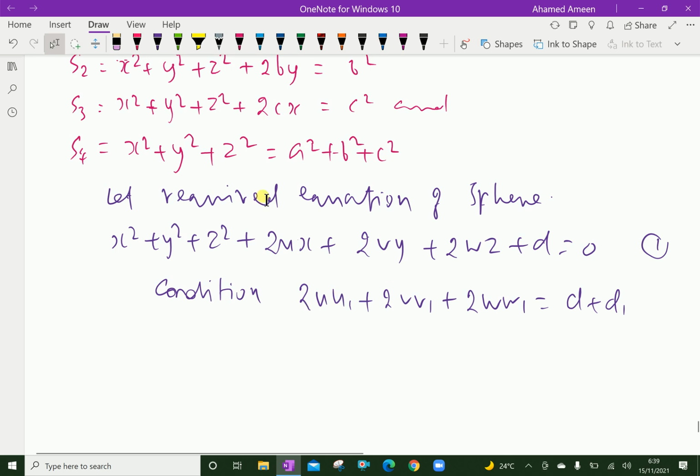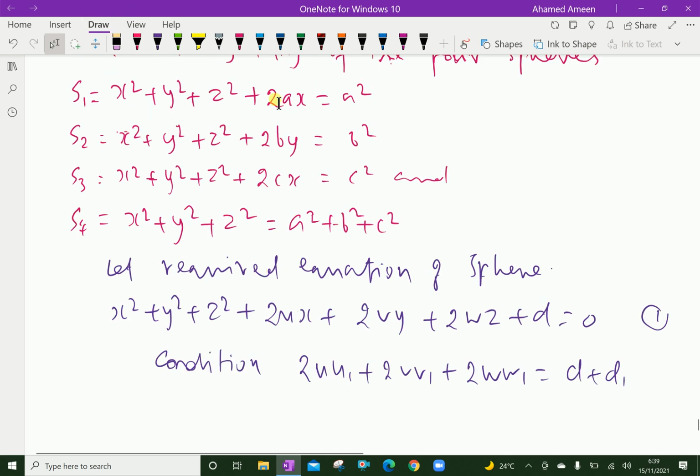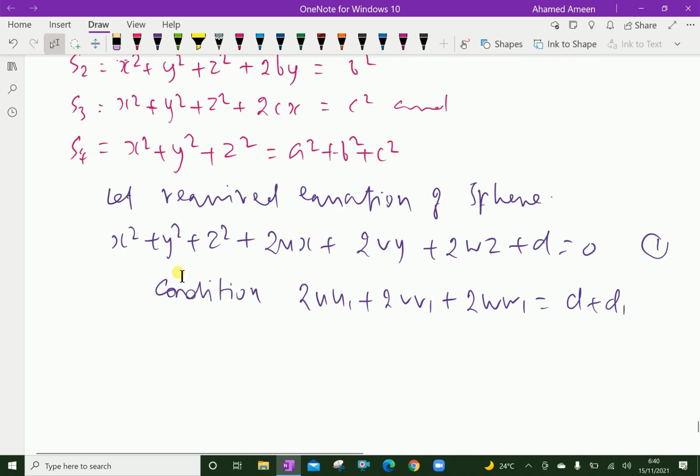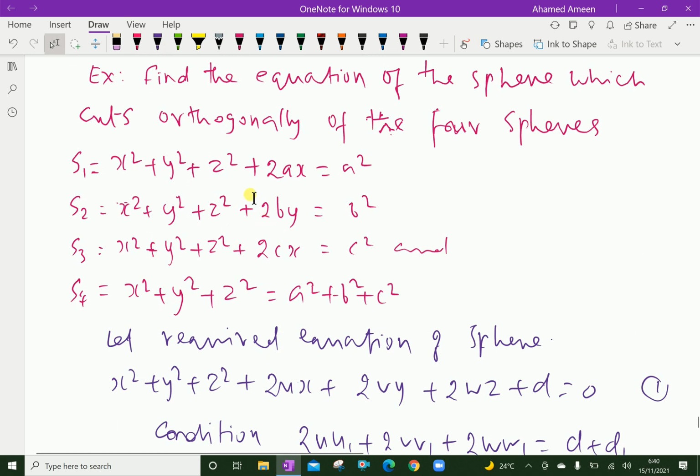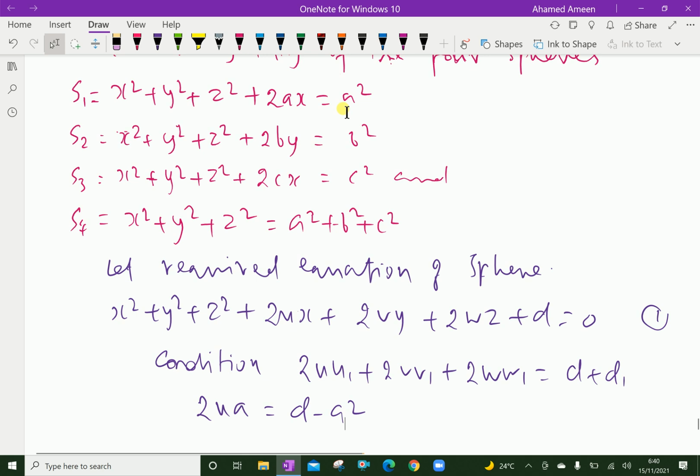Using this condition for this sphere and sphere S1, after simplifying, the first condition is 2u times a, other things are zeros, so 2ua equal to d minus a square, because d plus d1, where d1 is minus a square.